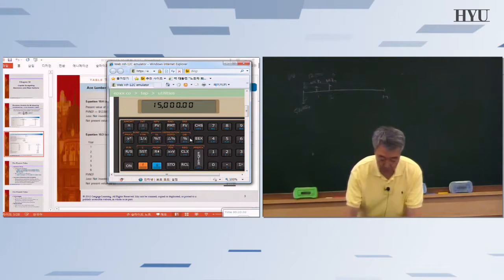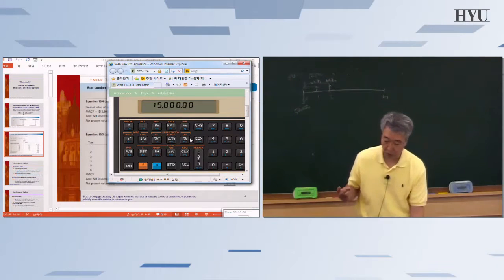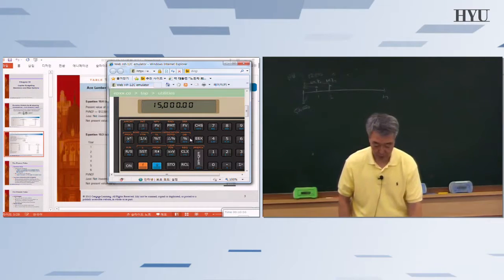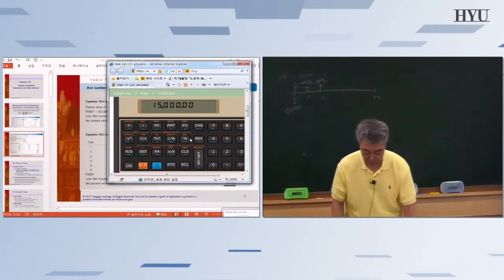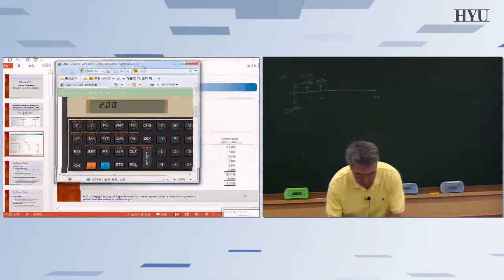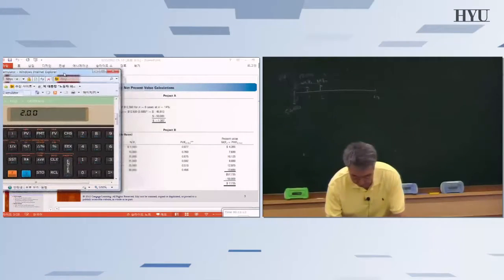Here, I think 15,000 repeats twice, so you can use NJ, or you can press 15,000 again, and CFJ. Let me just do 2. Okay. And then the next one is 20,000? 25, 30.